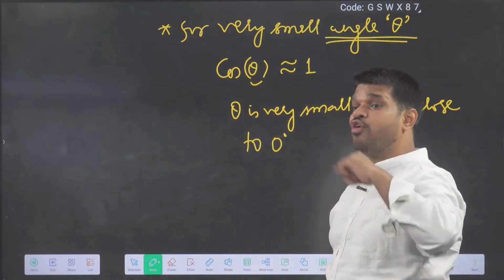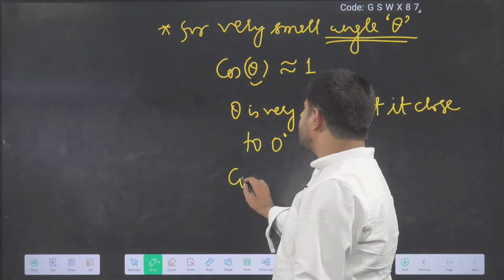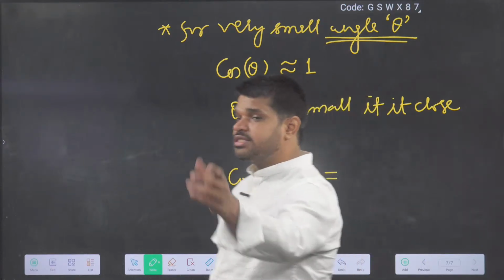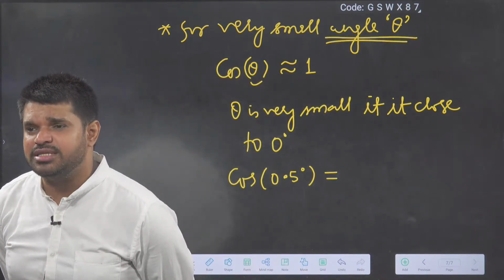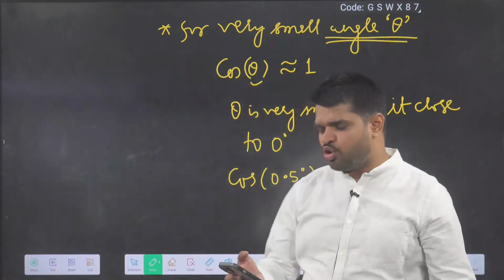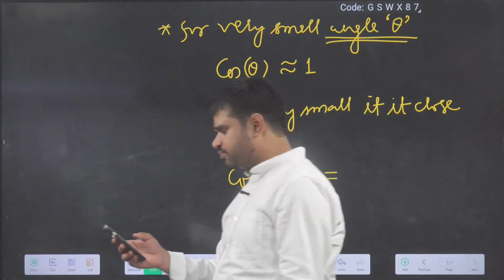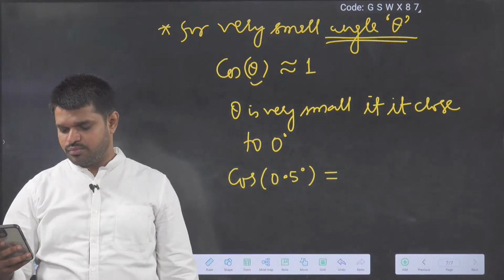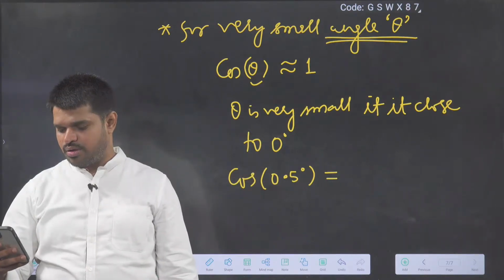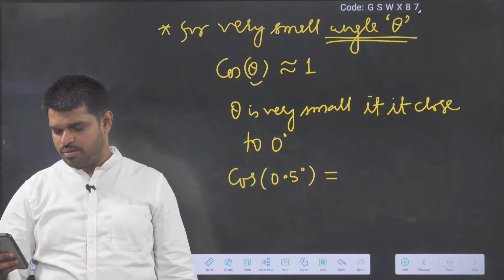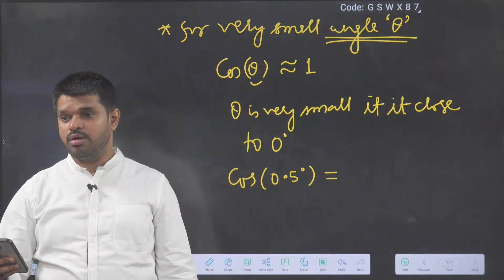Everyone check it from the internet. Check cos of 0.5 degree. Someone search it on the internet and tell me the answer. I am also searching. Let's see cos of 0.5. What is the answer?